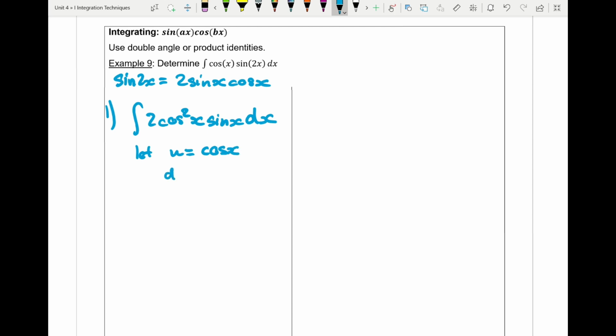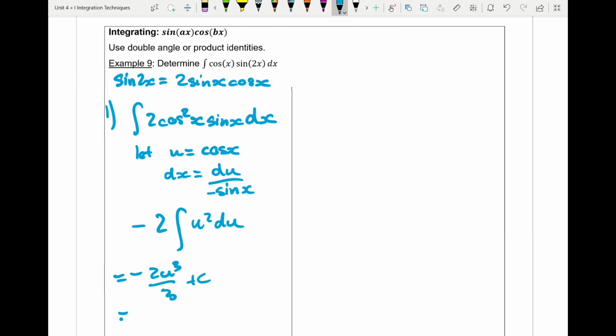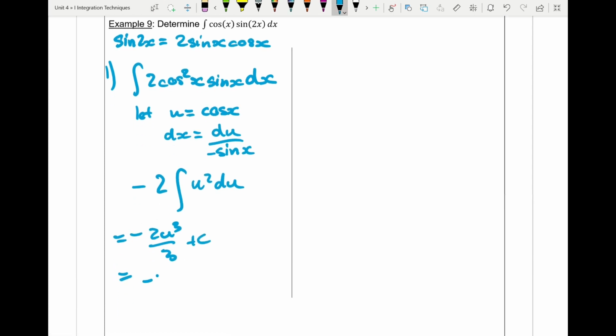So we know dx is going to be du on negative sine x. This becomes negative 2 u squared du, which is just negative 2u cubed on 3 plus c, which of course is then just going to be negative 2 cosine cubed of x on 3 plus c.